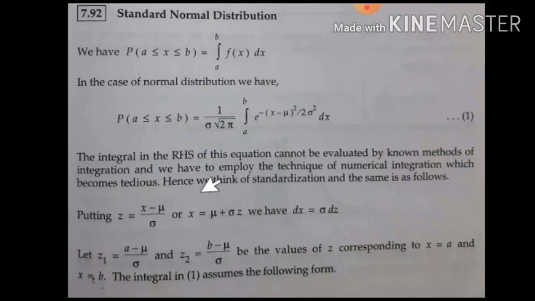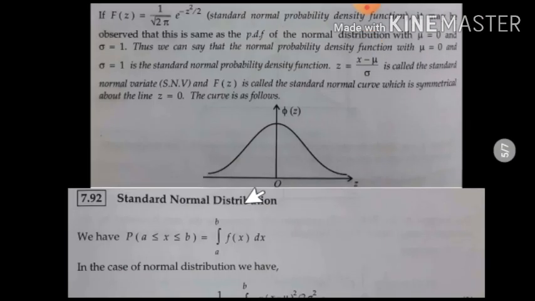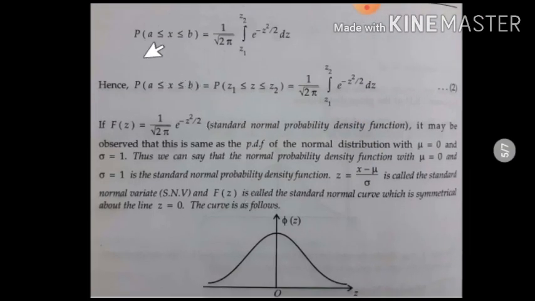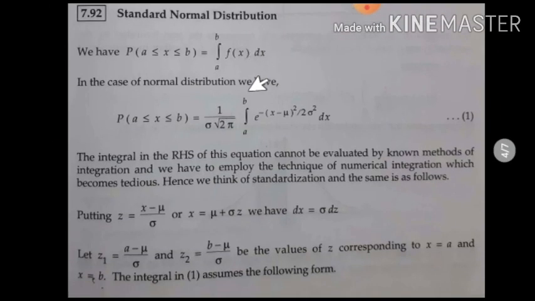So this integral, equation 1, now represents the probability of x varying between a to b as 1 by root 2 pi, with limit z1 to z2, e to the power of minus z square by 2. Here x minus mu by sigma is converted to z, so it is z square by 2.